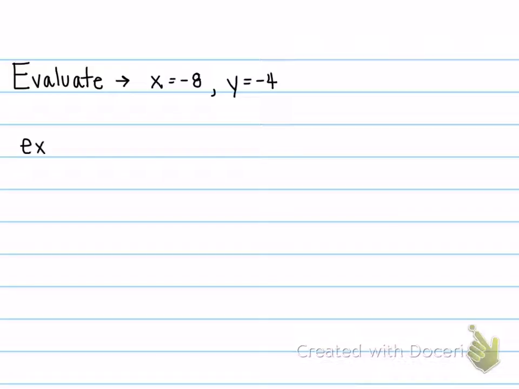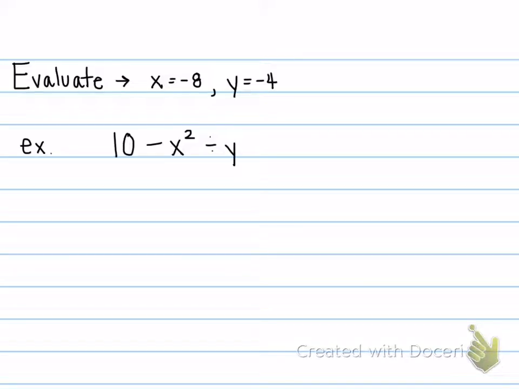So let's look at a couple of evaluating problems. In these evaluating problems, x is going to equal negative 8, and y is going to equal negative 4. So I can give you 10 minus x squared divided by y.